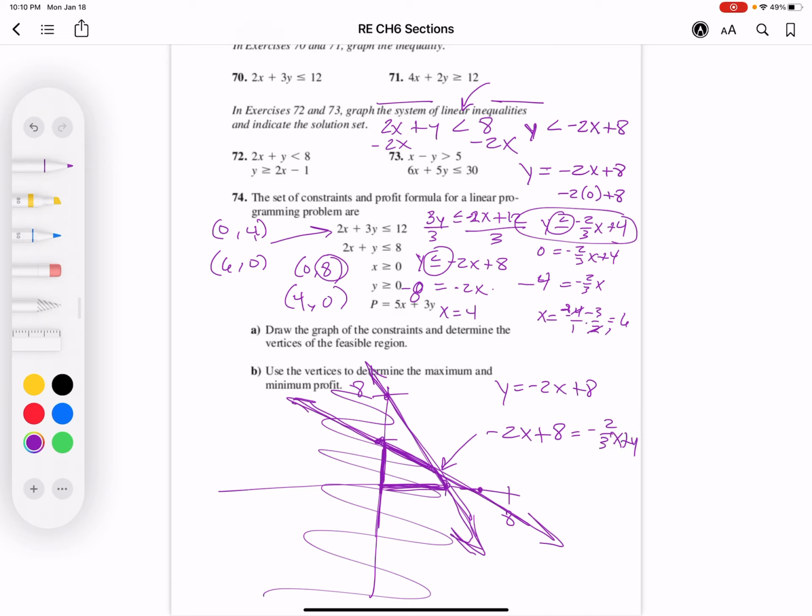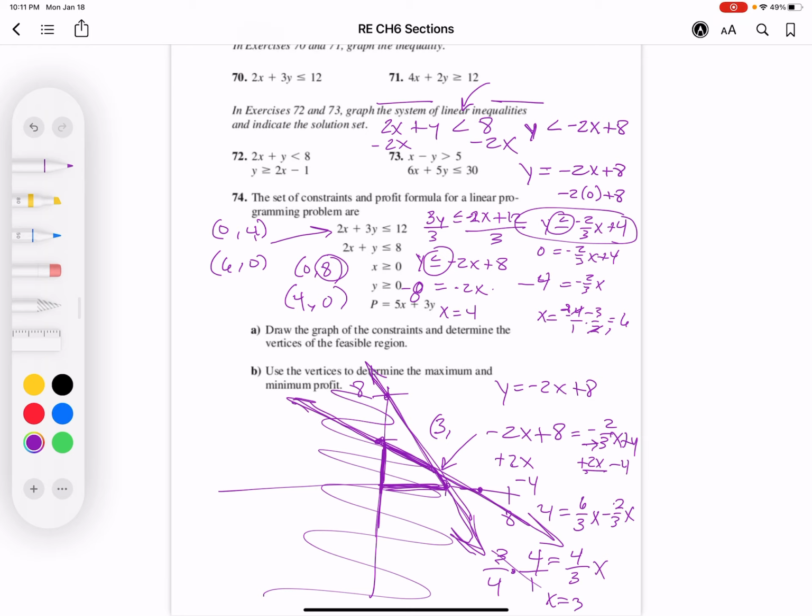So we'll combine, let's do plus 2x here and minus 4 here. That's going to give us 4 equals 2x. We want this to be in terms of 3, so that's going to be 6/3 x minus 2/3 x, or 4 equals 4/3 x. And now we can multiply by 3/4. So x equals 3.